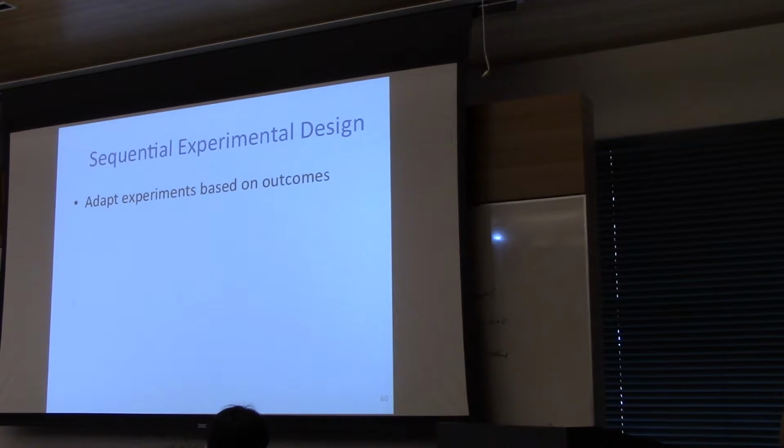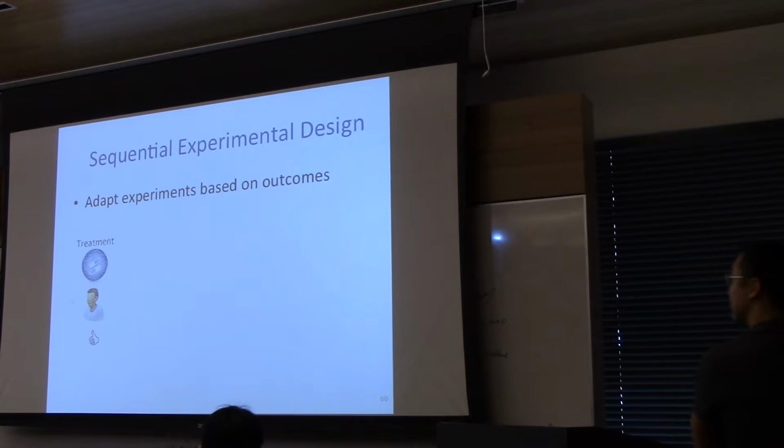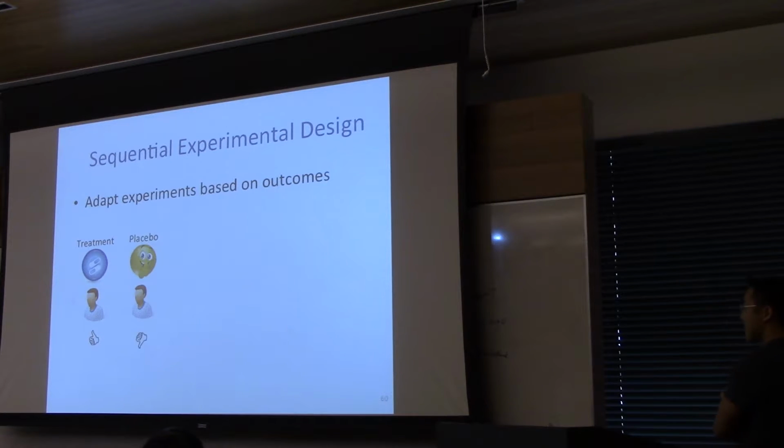Multi-armed bandit says, well, okay, let's do sequential experimental design, right? Let's adapt experiments based on outcomes, right? So first person comes, we try the treatment, we see a positive outcome. So I'm simplifying to say that we can observe the outcome immediately. People have studied multi-armed bandit algorithms with delayed rewards, where we don't see the outcome for several iterations, but that's for simplicity. Let's say we observe the outcome immediately.